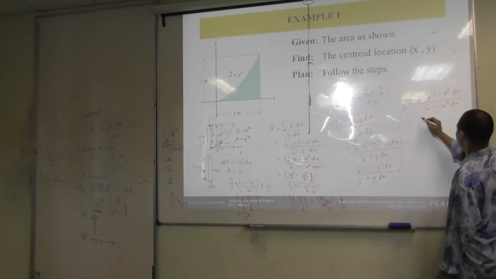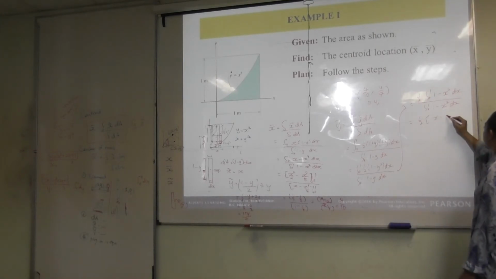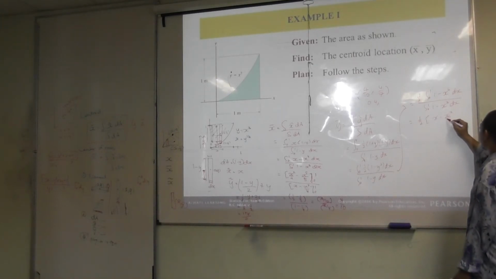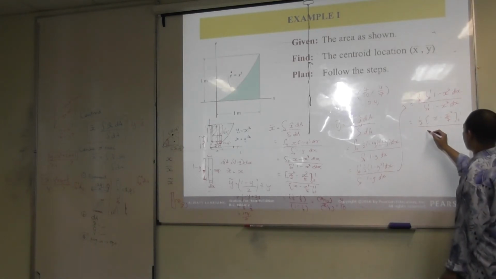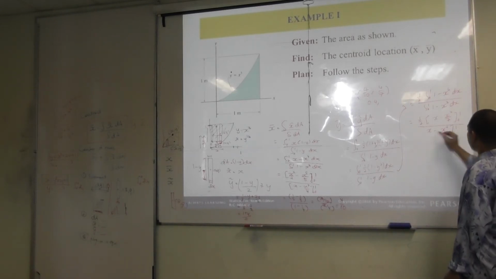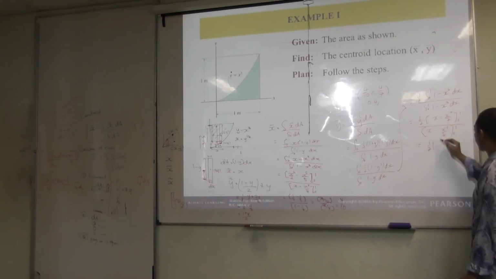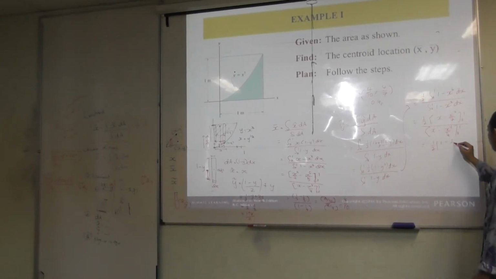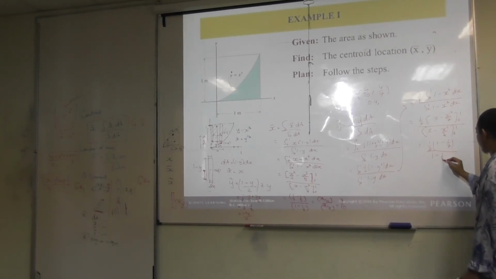So if you integrate this one, you get x minus x power 7 over 7, from 0 to 1, and x minus x power 4 over 4, from 0 to 1. Okay, half outside, so you have 1 minus 1 over 7 over 1 minus 1 over 4.